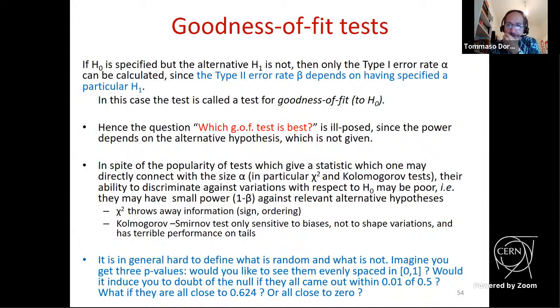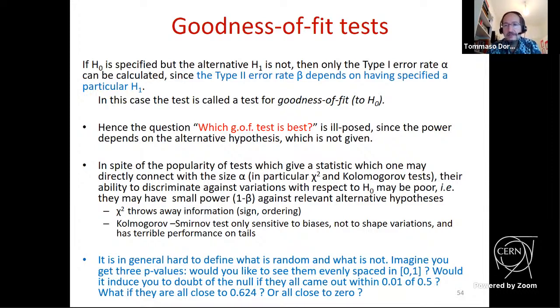And therefore, you can only get to know how compatible your data are with your model. So you will specify an alpha level, a type 1 error rate, and then you will accept the model or reject it based on the particular p-value that you get, whether it is smaller or not than alpha.